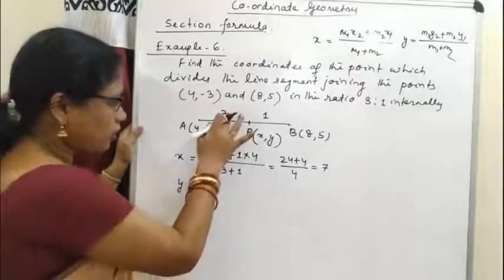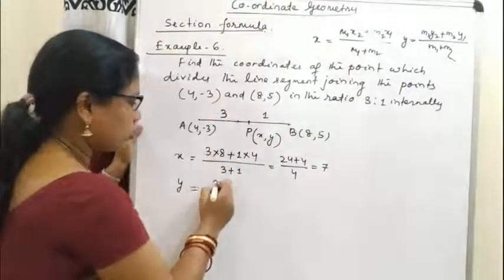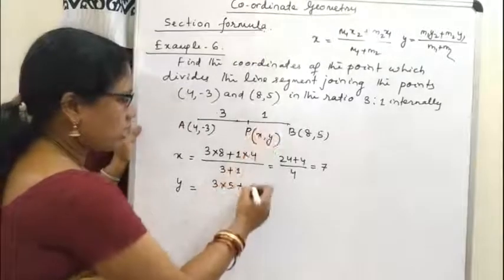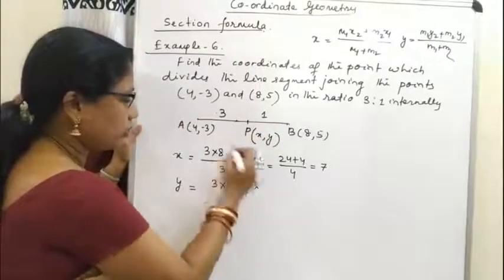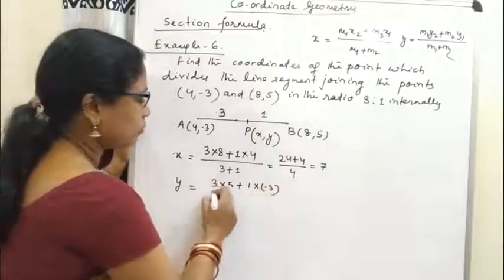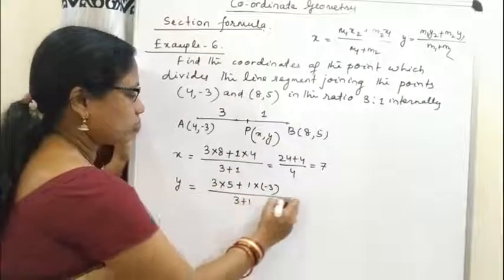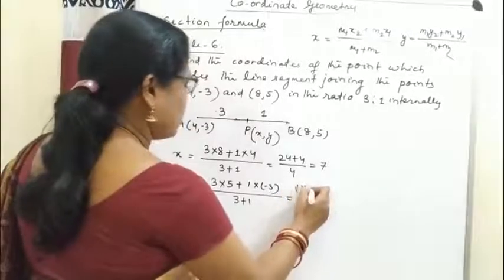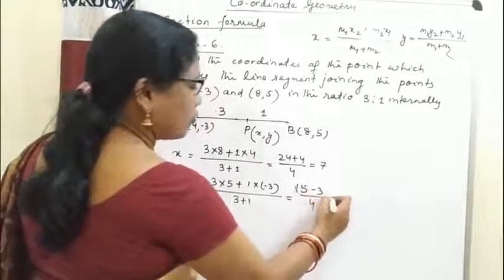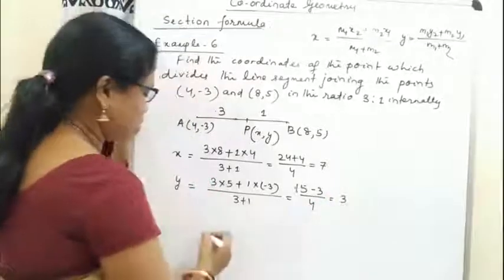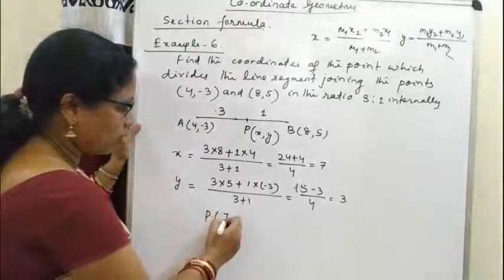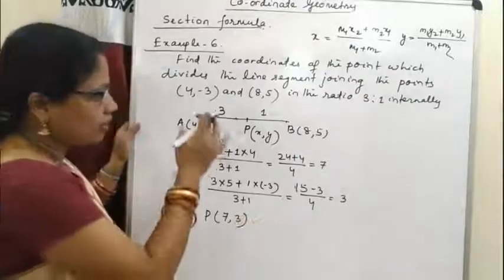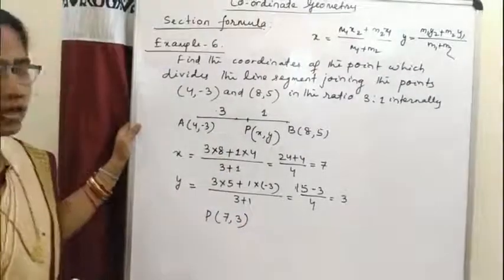So y is equal to (m1 y2 + m2 y1) divided by (3 + 1). So 3 multiplied with 5 plus 1 multiplied with -3, divided by 4. So this is 15 minus 3 by 4, which is equal to 3. So P has the coordinates (7, 3). So this is the point which divides AB in the ratio 3:1.